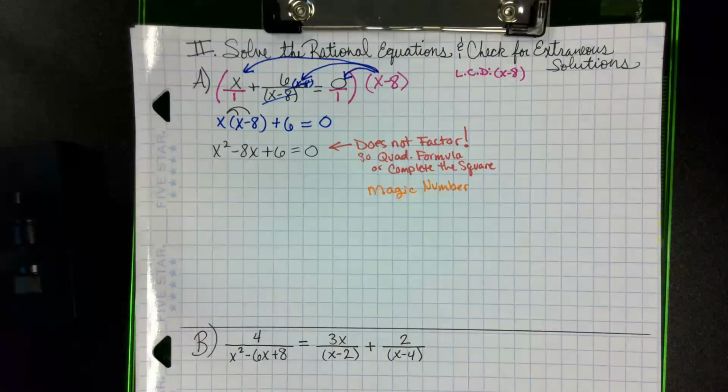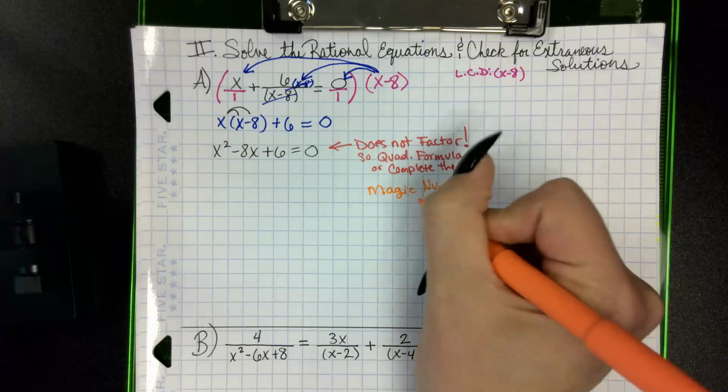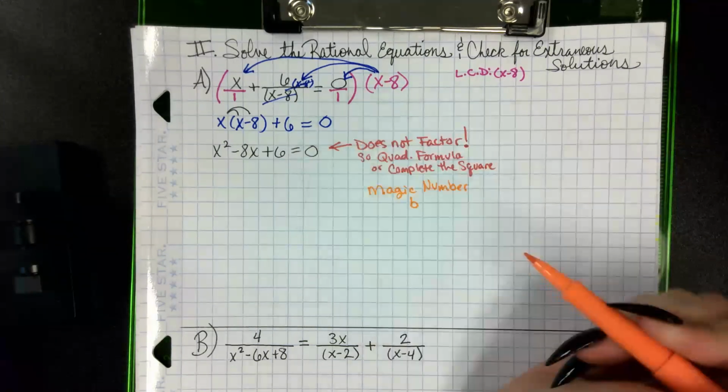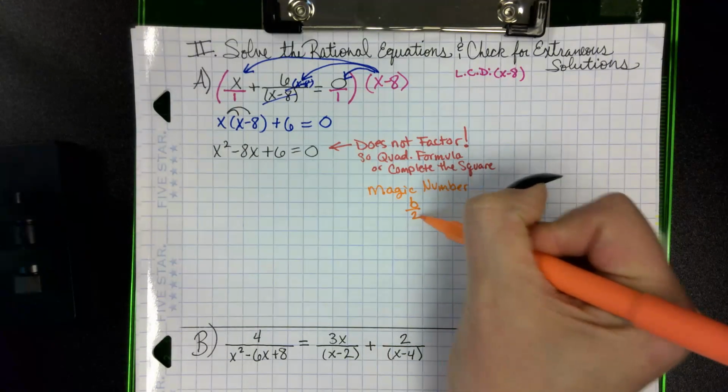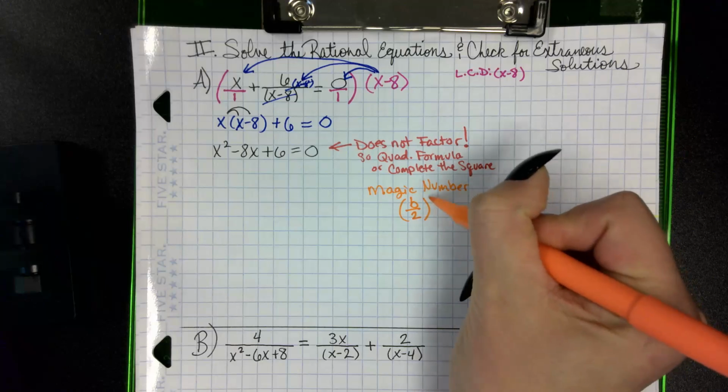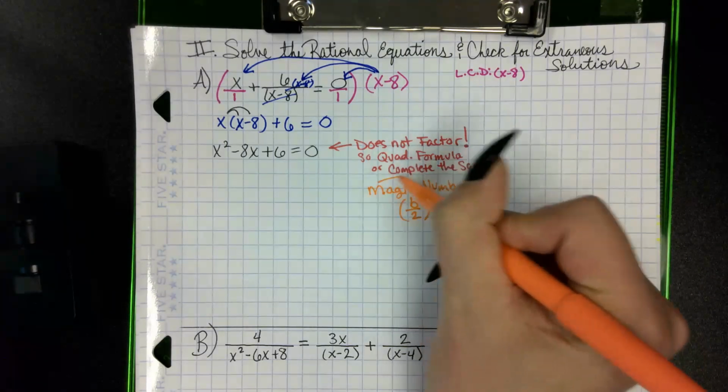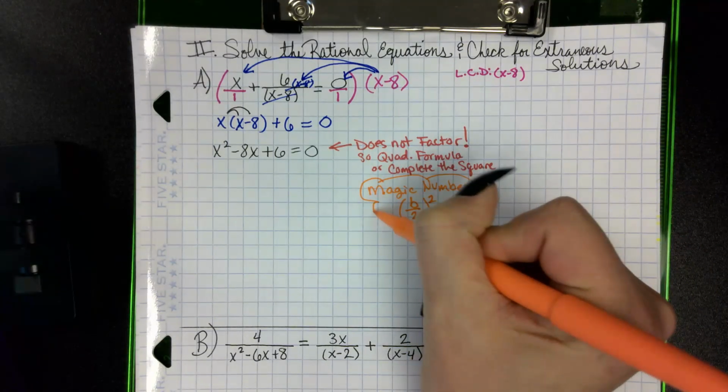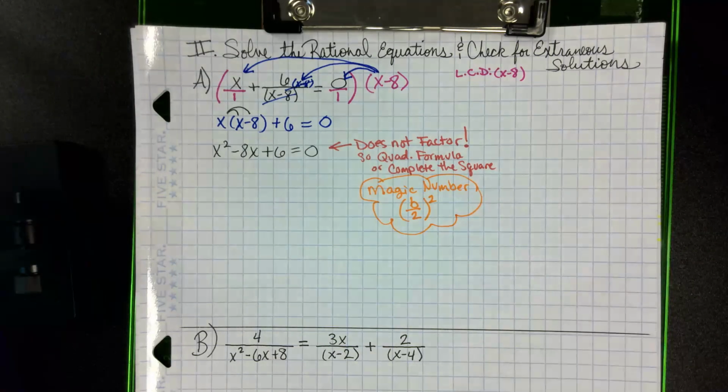It doesn't have a name. So you take the b value from your quadratic, divide it by 2, and then square that. That's going to give you what I'm calling your magic number. You're going to need that when you're solving with completing the square.